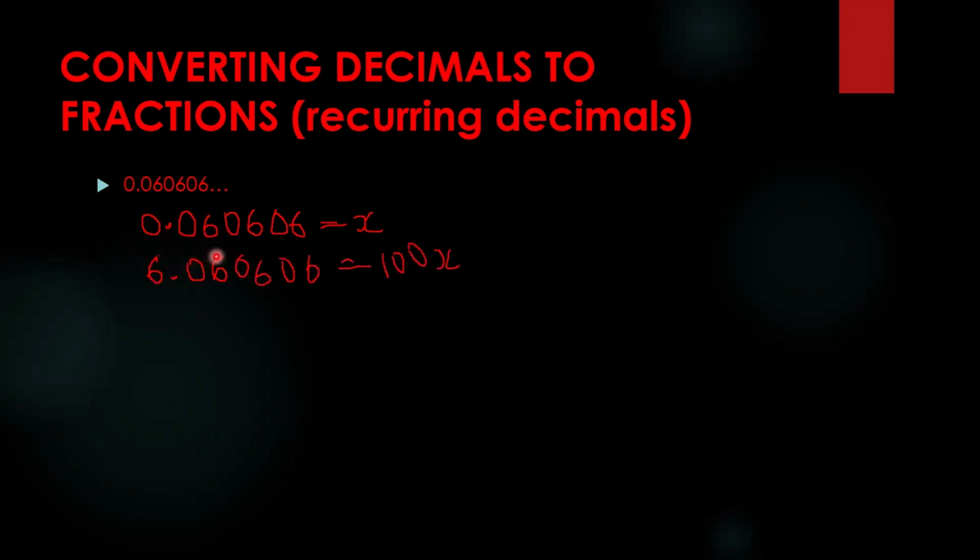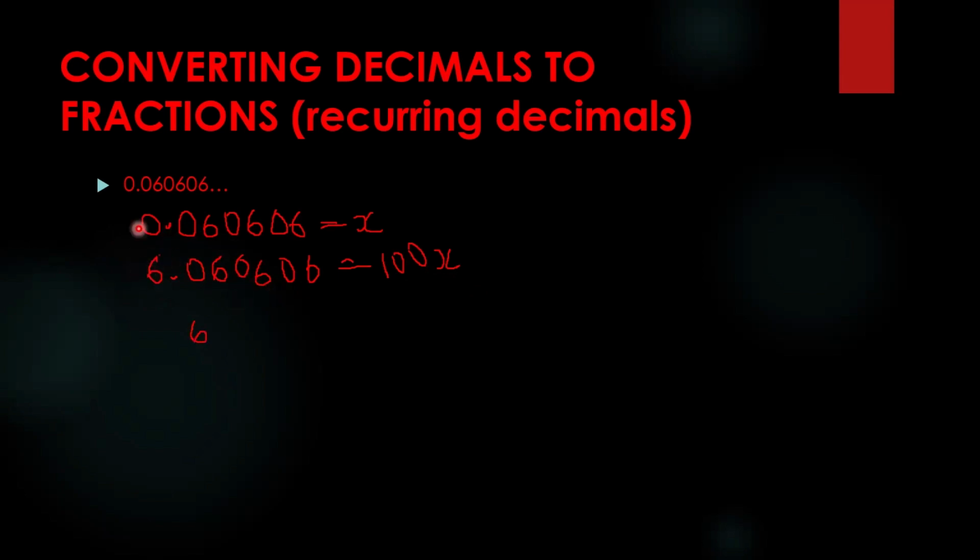So if I multiply this by 100, I'll have 6.060606. So that will be 100x. If I multiply it by 100, I'm pushing this decimal 2 places. That's 100x.